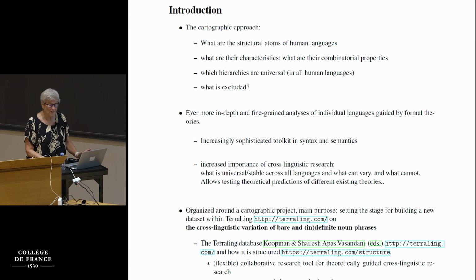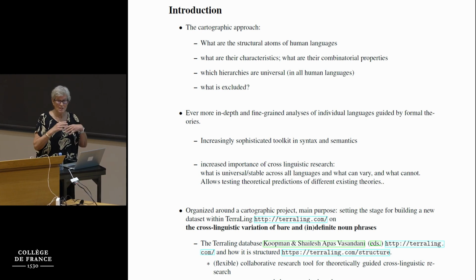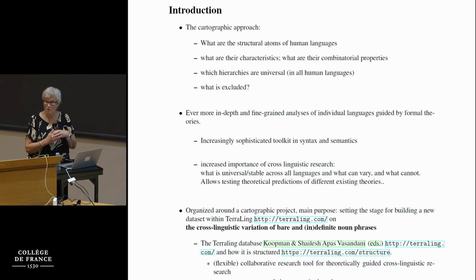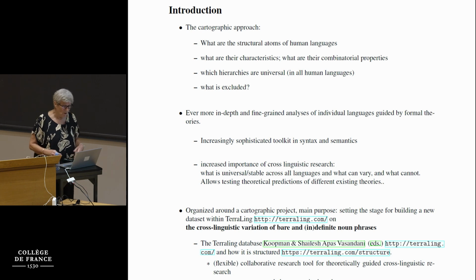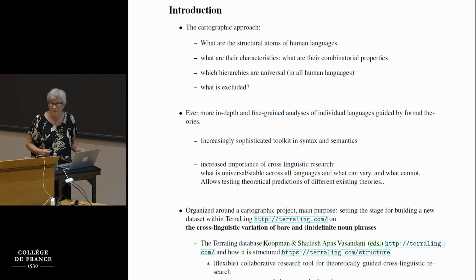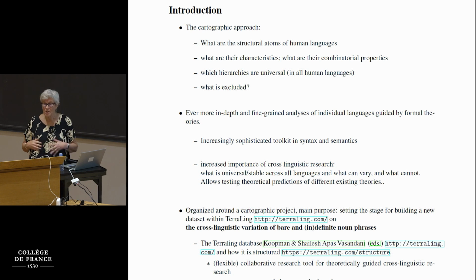We try to find out which of these finer structures or hierarchical structures that we find in theoretical linguistics are universal, that is characteristic for all languages, and which ones are not. And in particular, what is excluded?